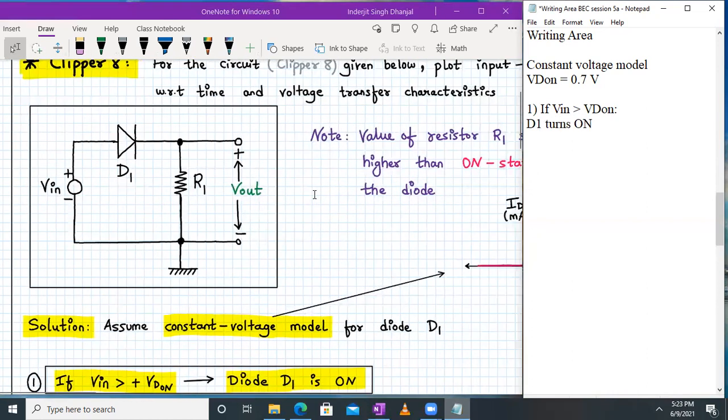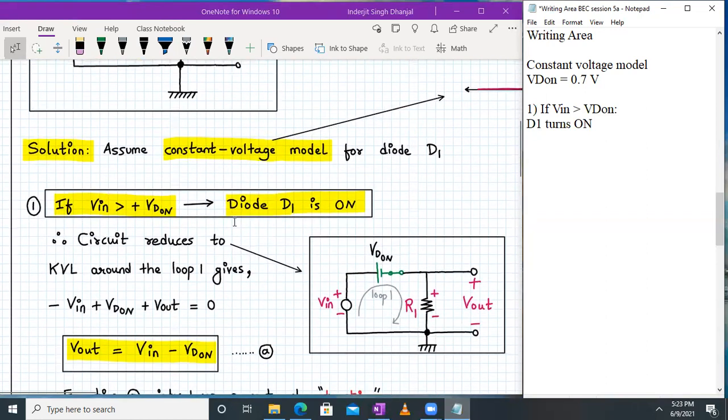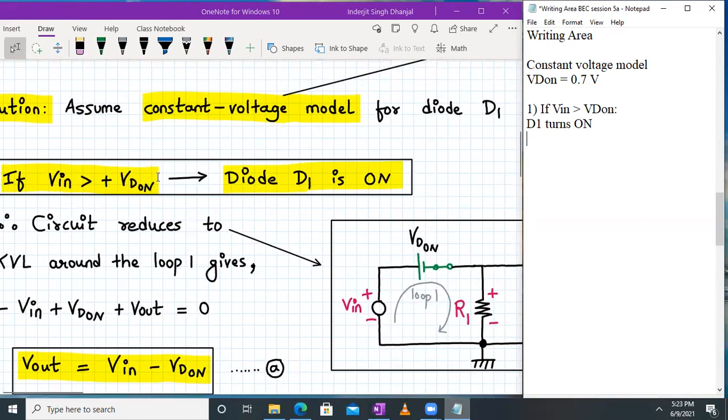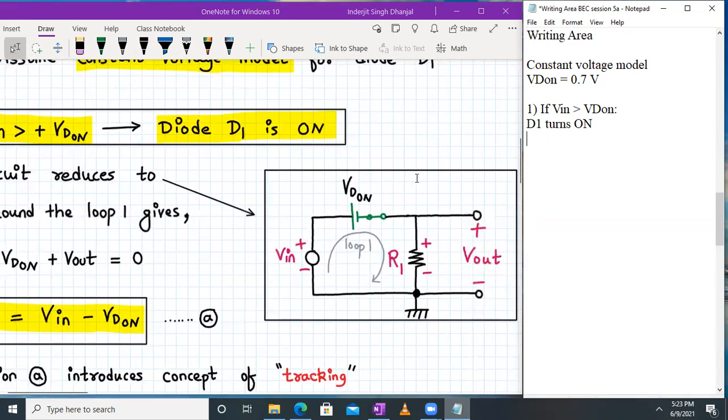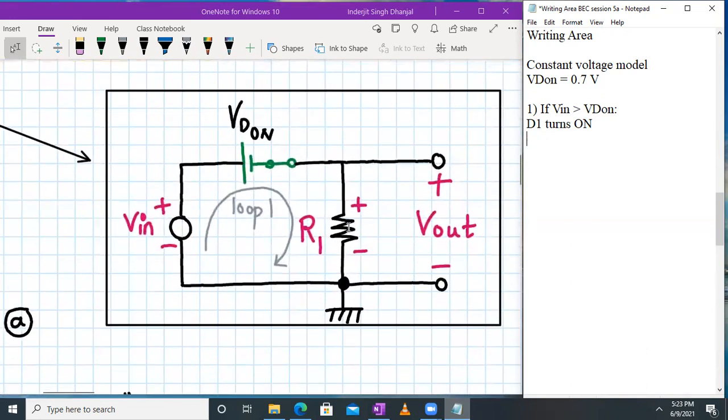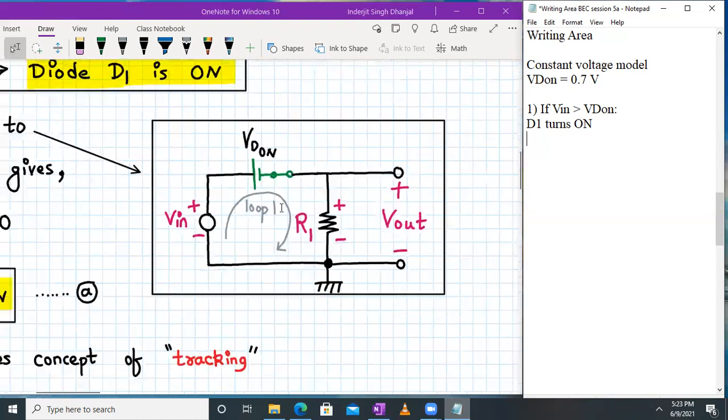Now let us draw the equivalent circuit for this. Whenever V in is greater than VD on, diode D1 is on and it is replaced by this circuit. The diode symbol is replaced by its constant voltage model with a supply VD on and a short circuit. So here in this loop 1 we can apply a simple KVL.